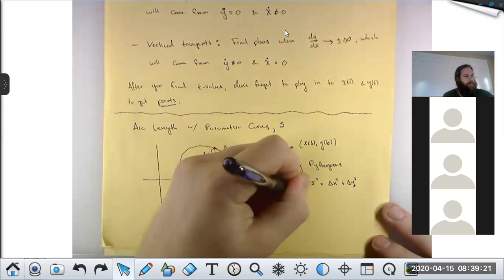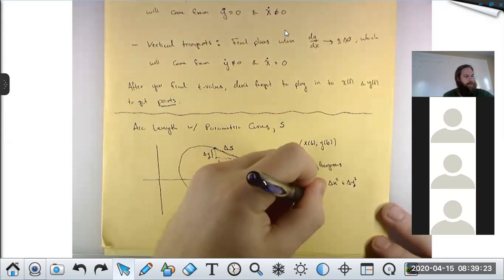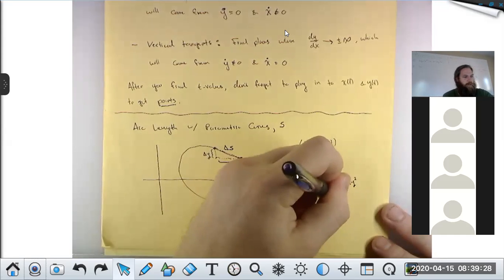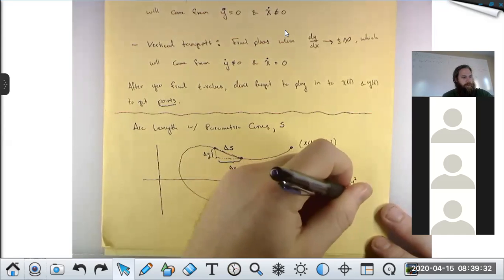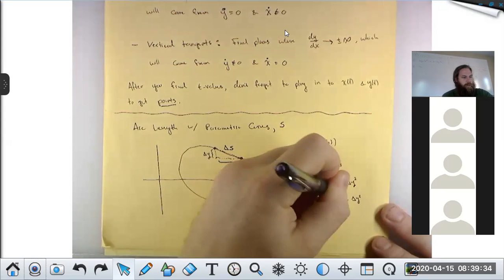Which means delta S is the square root of delta x squared plus delta y squared.